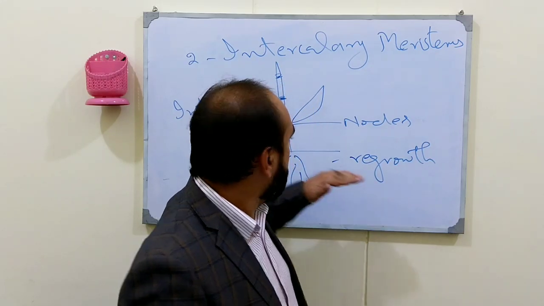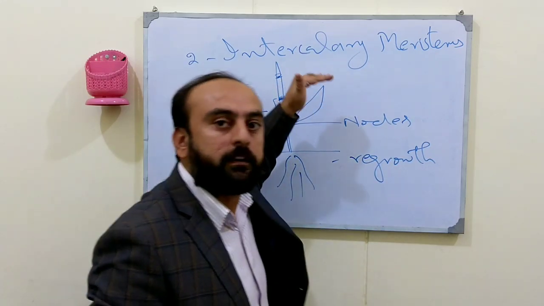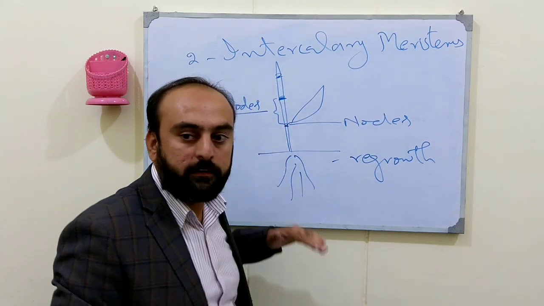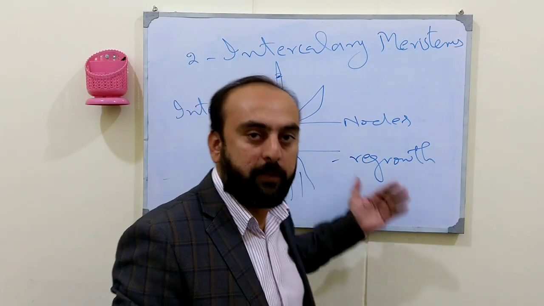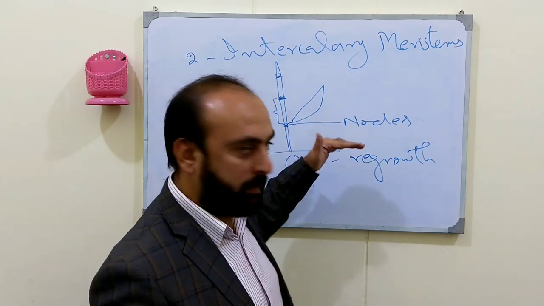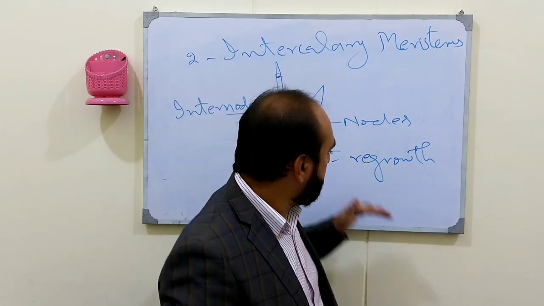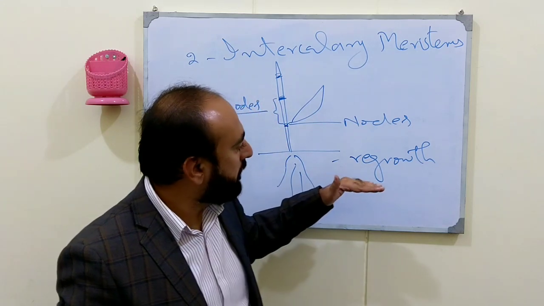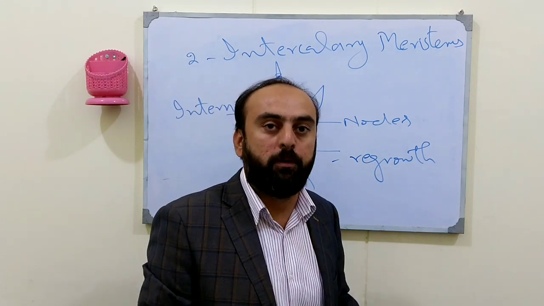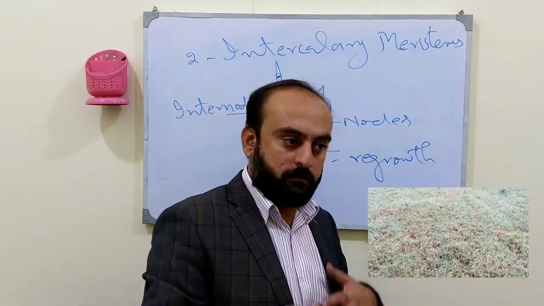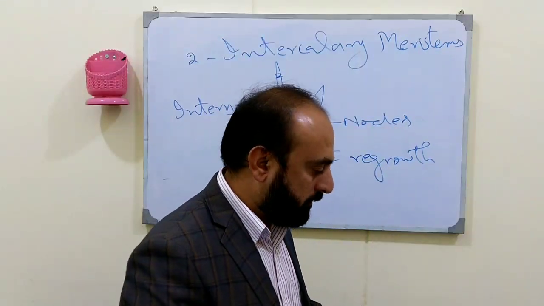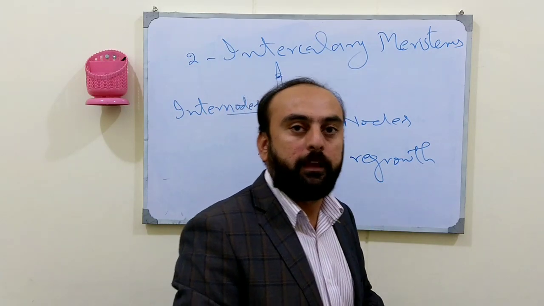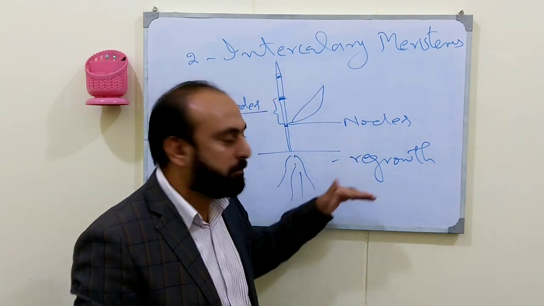So this is due to the presence of these intercalary meristems, and this is also a plant defense mechanism. So they play their role in plant defense by giving the plant's ability to regrow when cut intentionally by landscapers or when they are attacked by herbivores.